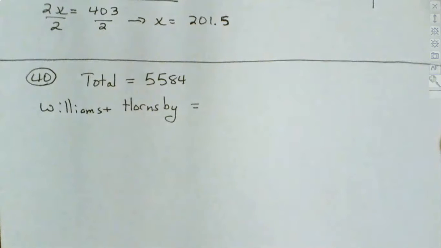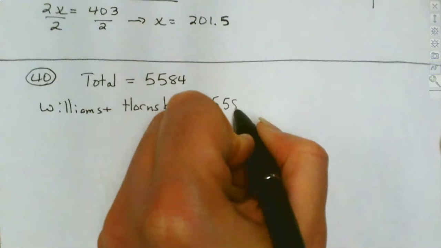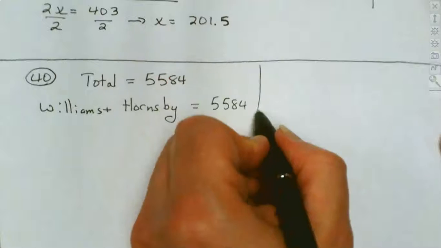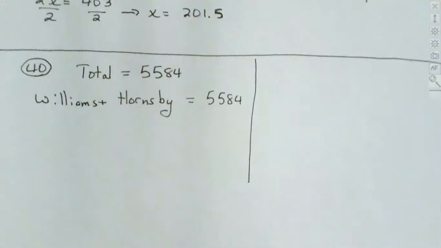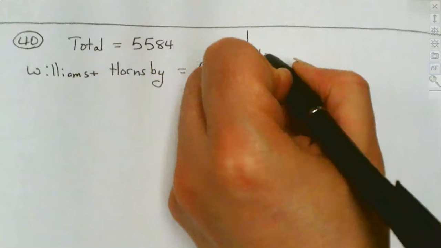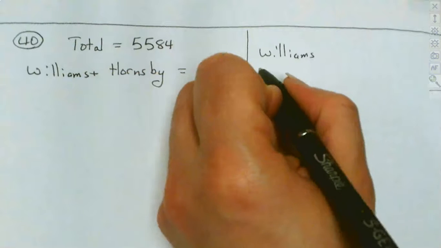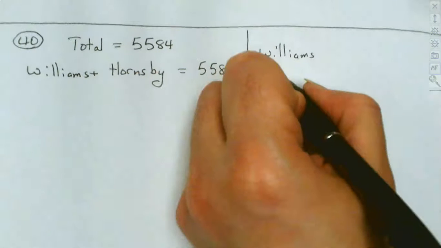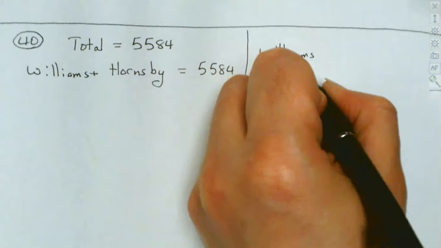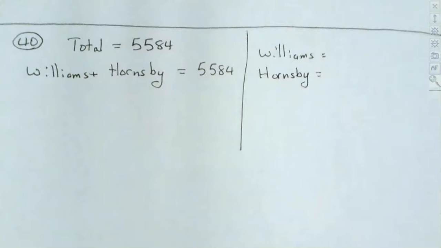So Ted Williams and Roger Hornsby together gives you 5,584. Now we need to compare them. So we're looking at Williams and Roger Hornsby, and we're going to see how they compare. So what does it say here?